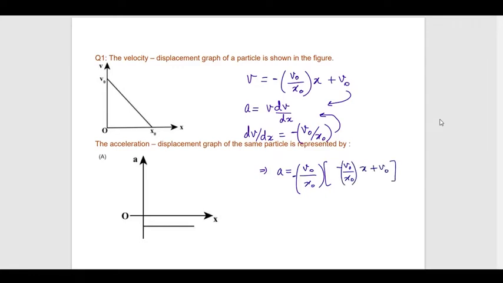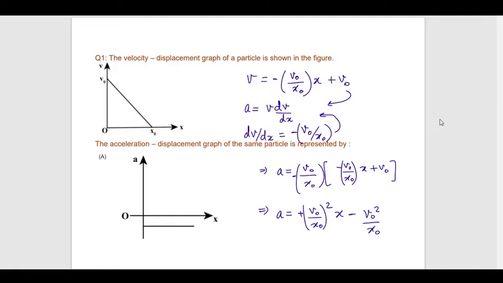If you rearrange and solve this equation further, you will get v naught by x naught square times x minus v naught square by x naught.